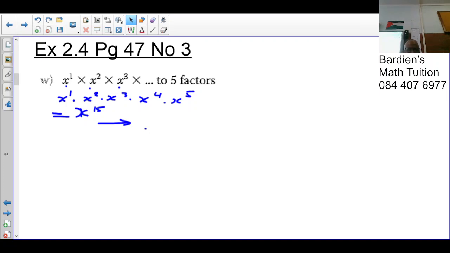Right. For homework, it is 2.4, the remaining sums. Whatever you didn't do out of 2.4, you do for homework, okay? Did we do these examples? The examples on page 47 we're going to do now, okay?